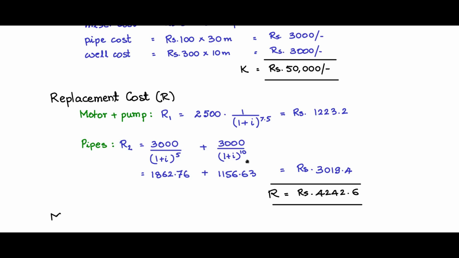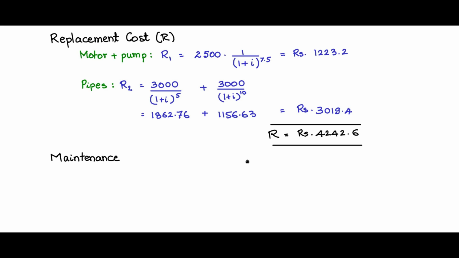So next we will calculate the maintenance. Maintenance cost M. So maintenance, we saw that the annual maintenance we are paying 1,000 rupees every year. It is like the equal installments payment every year.